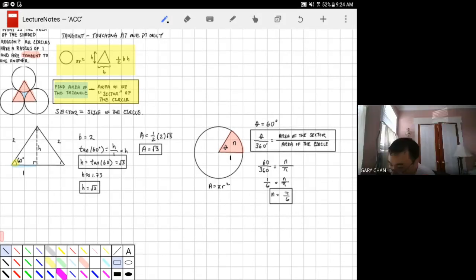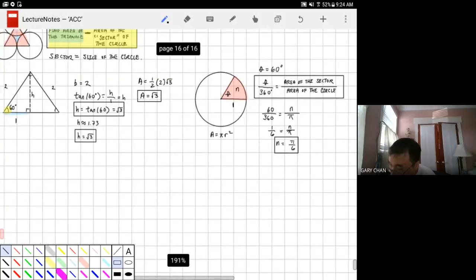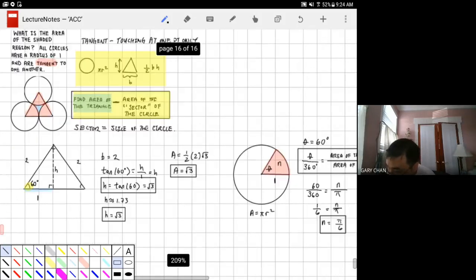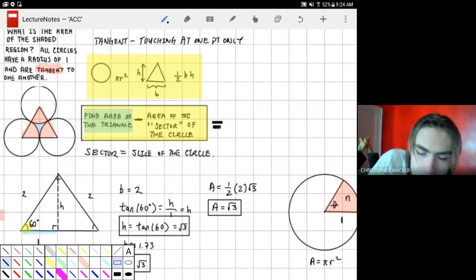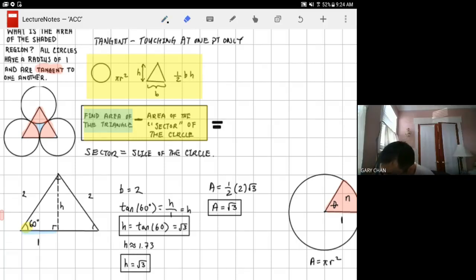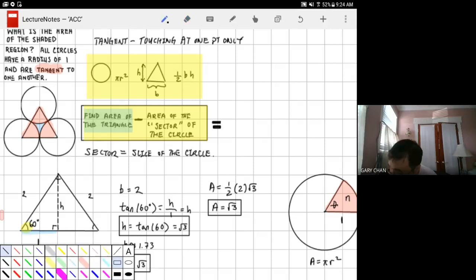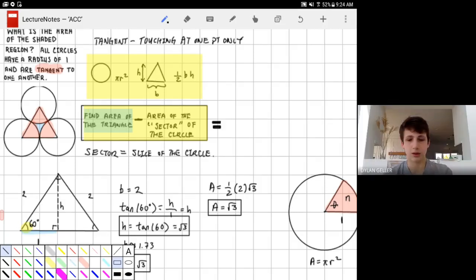How many sectors do I have? You have 3 sectors. I have 3 sectors. So therefore, in order for me to accomplish this, because I set out to figure out the stuff that I highlighted in yellow, what was the area of the triangle one more time?